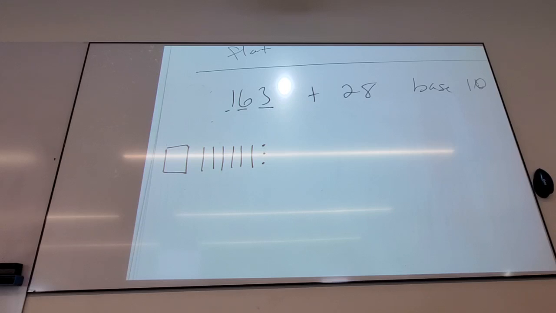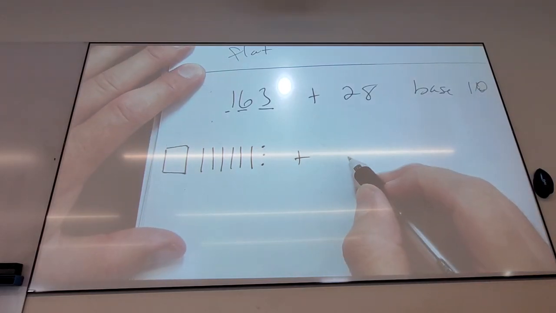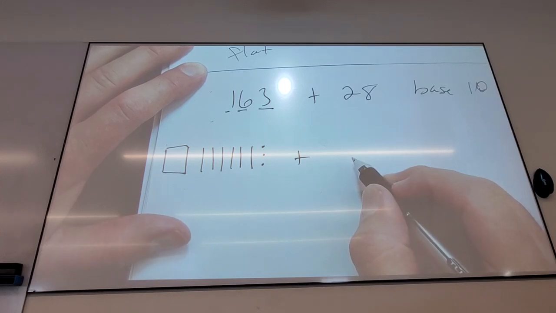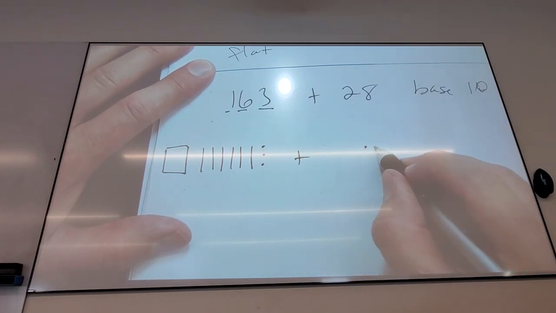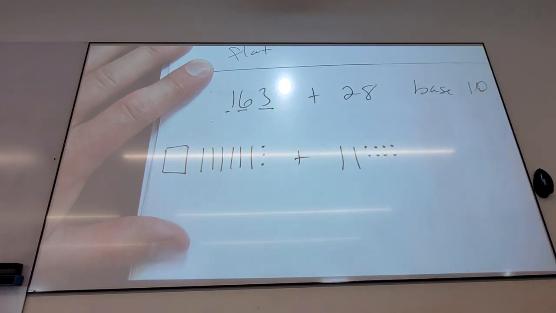All right. Do 28 real quick. So next to this, represent 28. So 28 would be 8 units. Two longs, yes, okay.